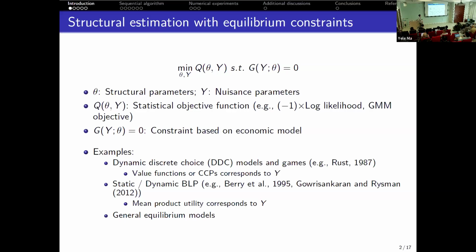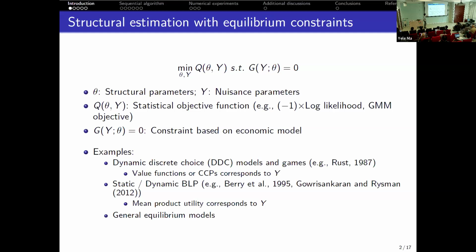First of all, sequential estimation with equilibrium constraints is prevalent in economics. In general, such estimation problems can be specified by this constrained optimization problem. Here, theta represents main structural parameters, and y represents nuisance parameters or economic variables.